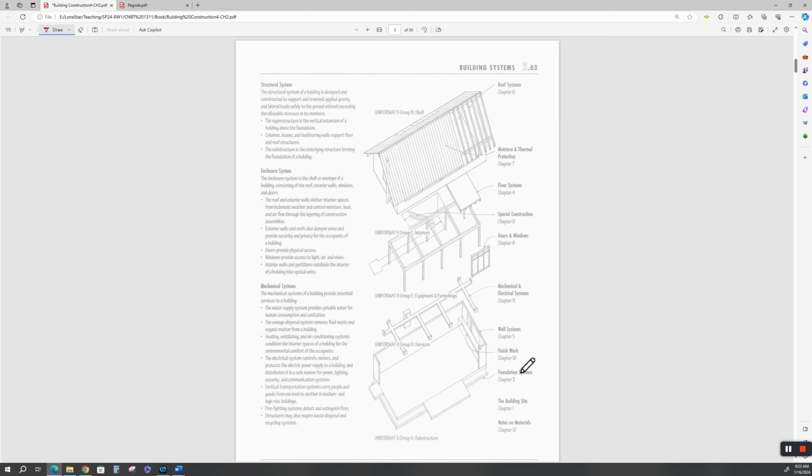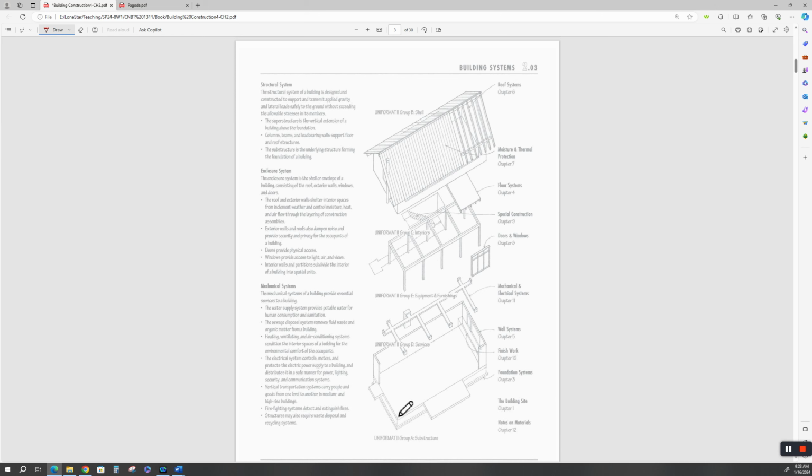Finished work is in chapter 10. Finished work is cabinets inside the structure. Cabinets, built-in furniture, that sort of thing. Foundations is in chapter 3. The building site is in chapter 1. We've gone through that, and the notes on materials is in chapter 12.